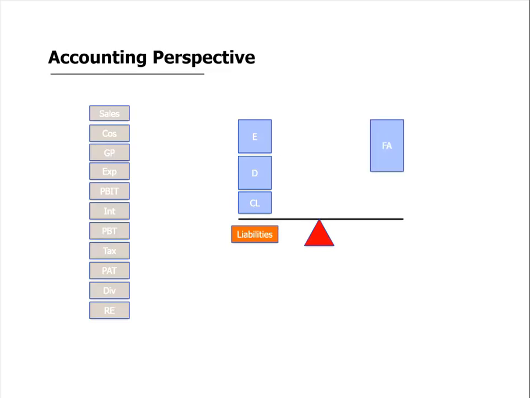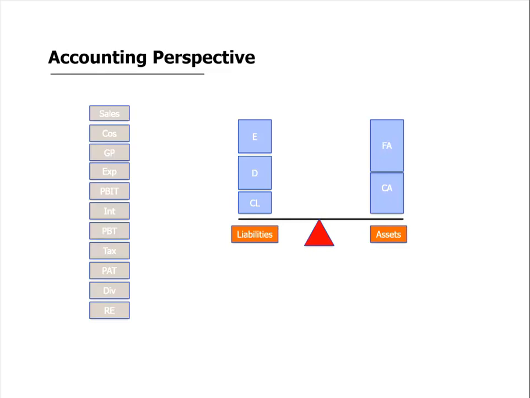On the other side of the balance sheet, we have something that's referred to as the fixed assets. Those are our long-term assets, if you want. And we have some current assets, which are short-term assets. In other words, they are assets that only stay in the business for a short period of time.